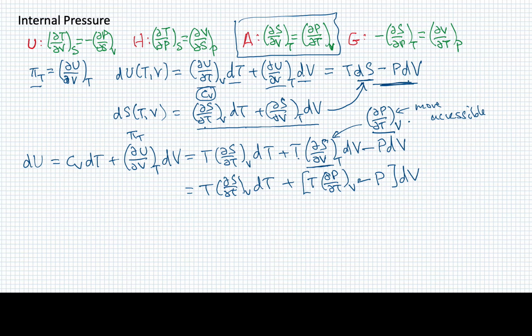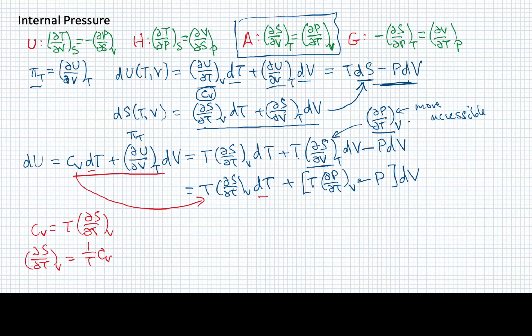Remember, this was equal to our expression on this side of the equation, so I can relate C_V to the stuff multiplying dT. Both of these are dT, so C_V is equal to T times the partial derivative of entropy with respect to temperature at constant volume. That means dS/dT at constant volume is equal to C_V over T. This is a result we got before, so it should look familiar. It was the result we used to integrate to find an absolute entropy, so it's very reassuring that we're getting the same answer here.